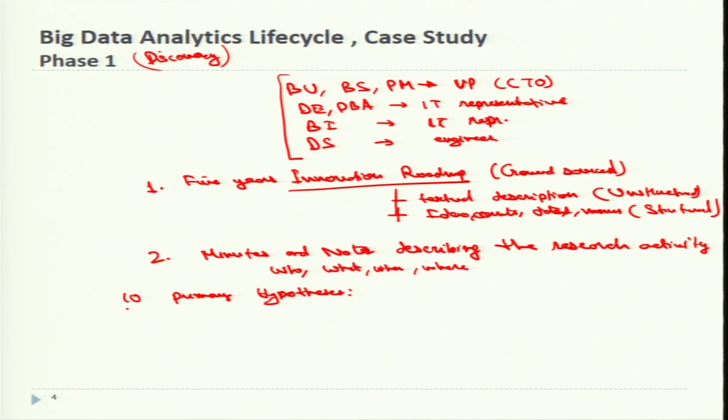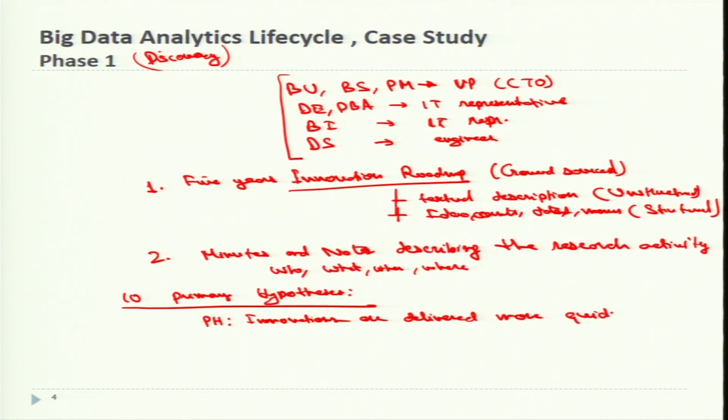For instance, one of the hypotheses, I will call it the primary or initial hypothesis, was that innovations are delivered more quickly by those who take part in the global knowledge transfer than those who do not.